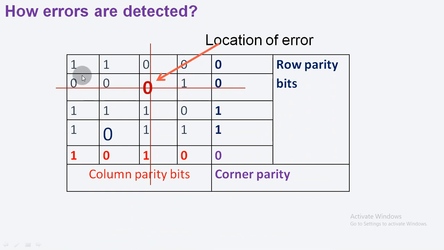So here I repeat, here there is no error, here the error seems to have happened because 0 is indicated by the sender, but here it should have been 1, therefore some mistake has gone through. So here there is no problem, along this row also no problem, along this column no problem, and along this column no problem. Along this column there are 2 ones, but here 1 is mentioned, therefore something must have gone through.